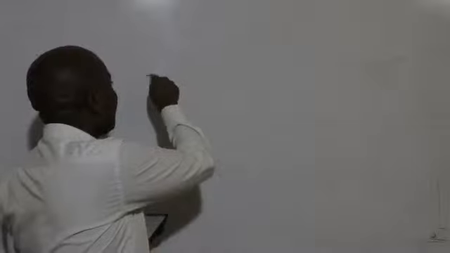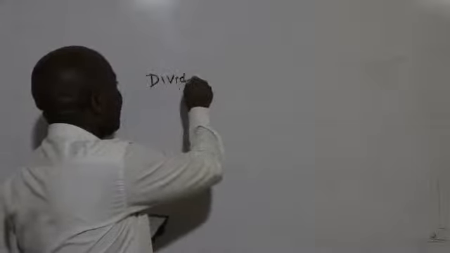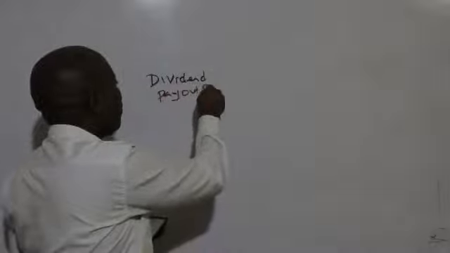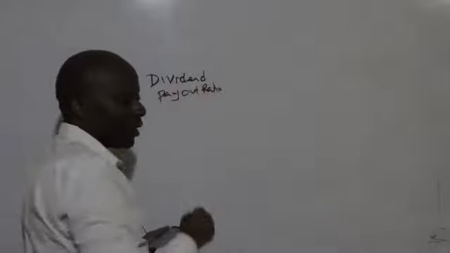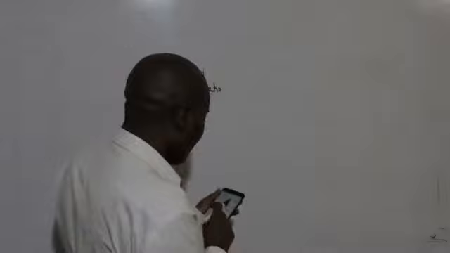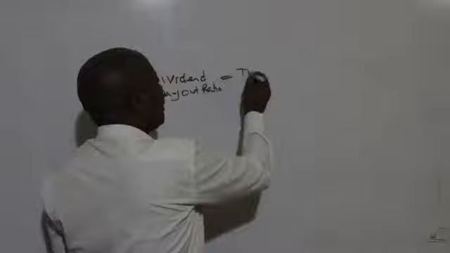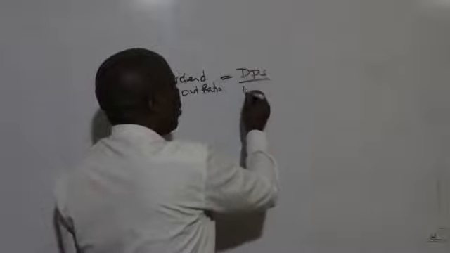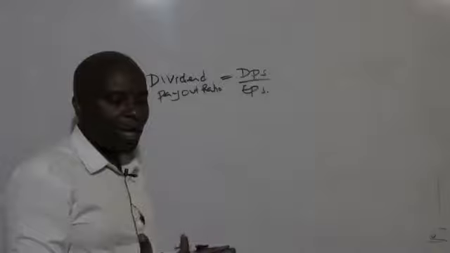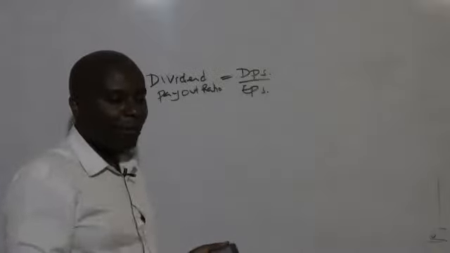Here the key thing is that I have to know how to calculate the dividend payout ratio. So the dividend payout ratio, ladies and gentlemen, will be equal to dividends per share all over earnings per share. What we earn, out of whatever we earn, what are we able to pay?